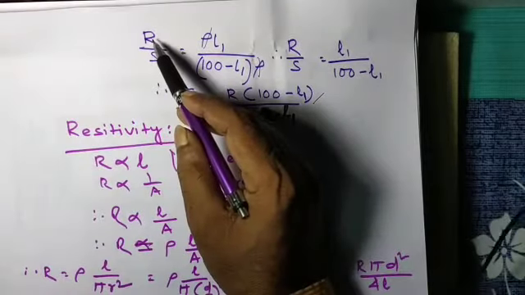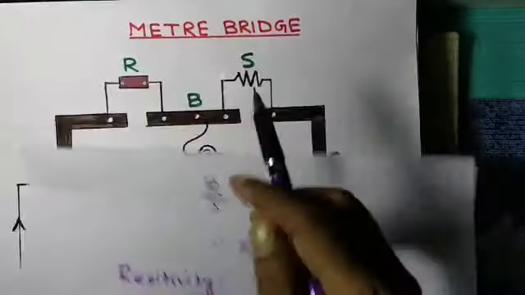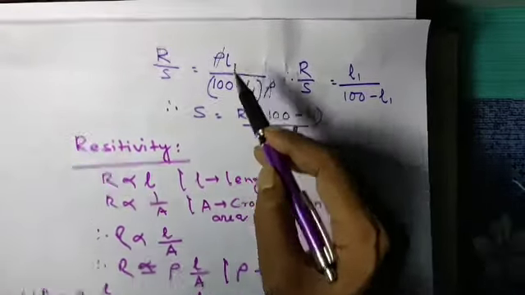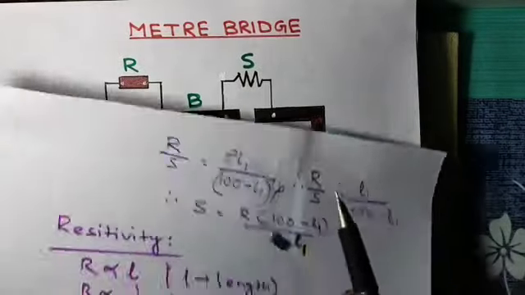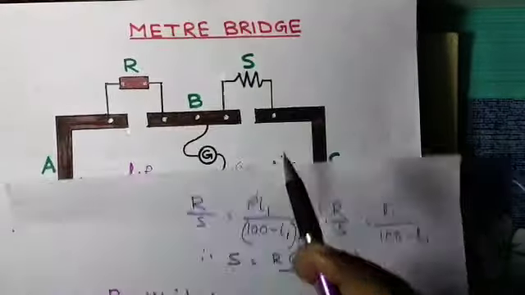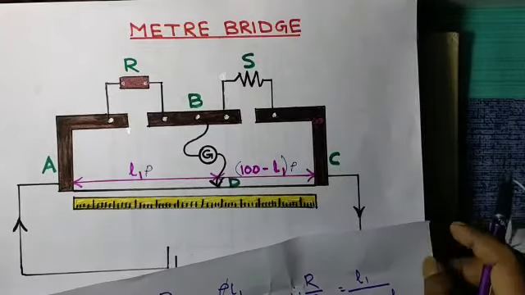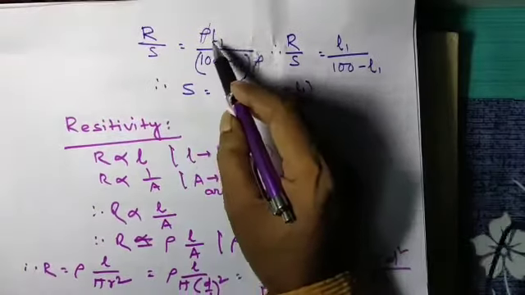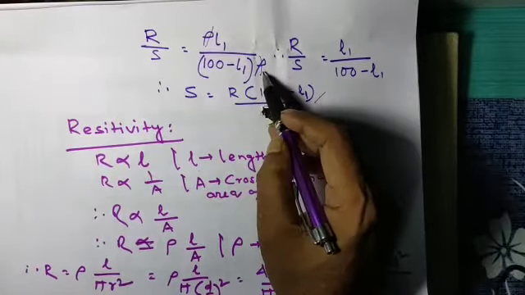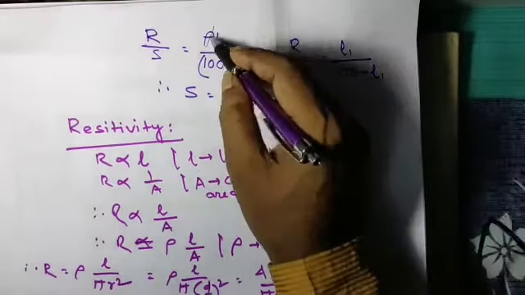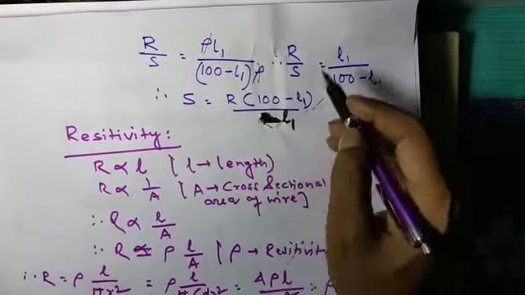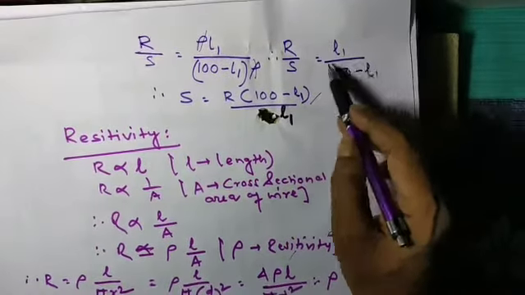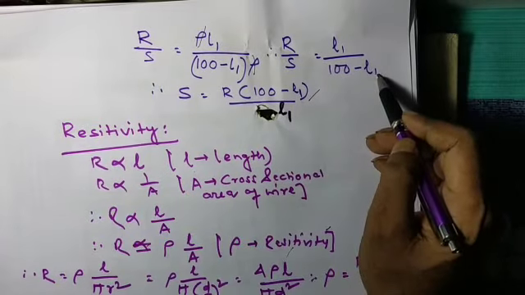This is R, this is S. So we can cancel rho and rho, and what we get is R by S is equal to L1 by (100 minus L1).